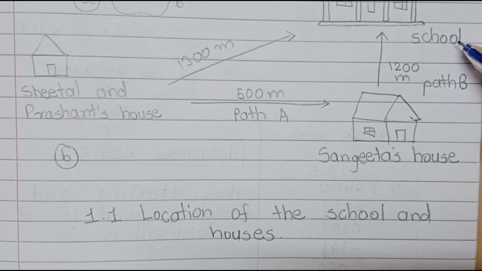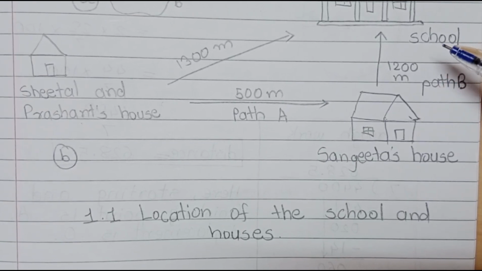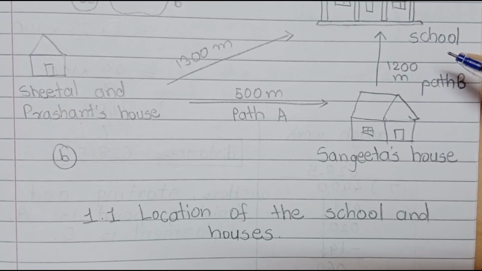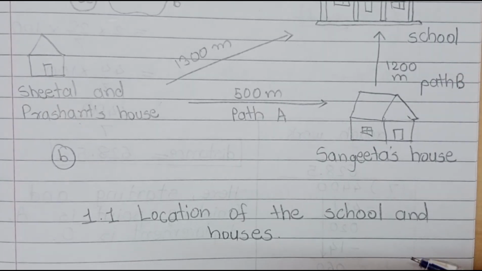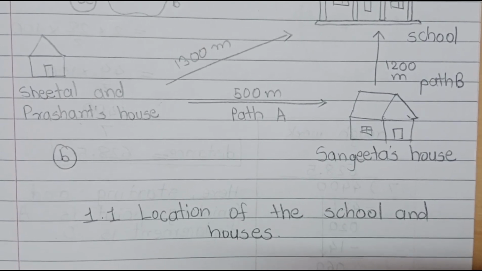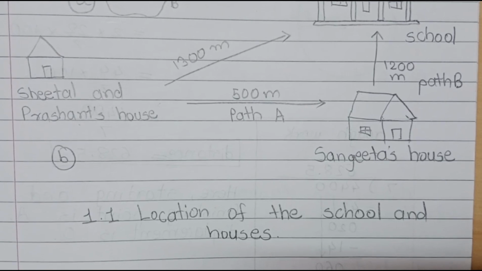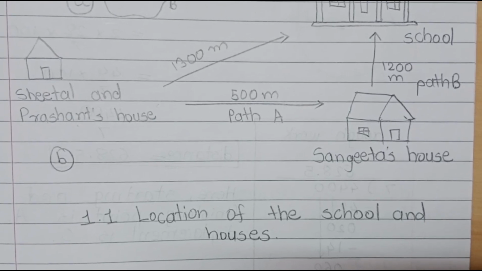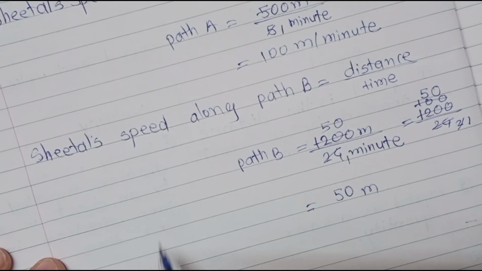Then we have to find Sheetal's speed along this path. Now students, look at this figure and I am explaining how we find speed and velocity.